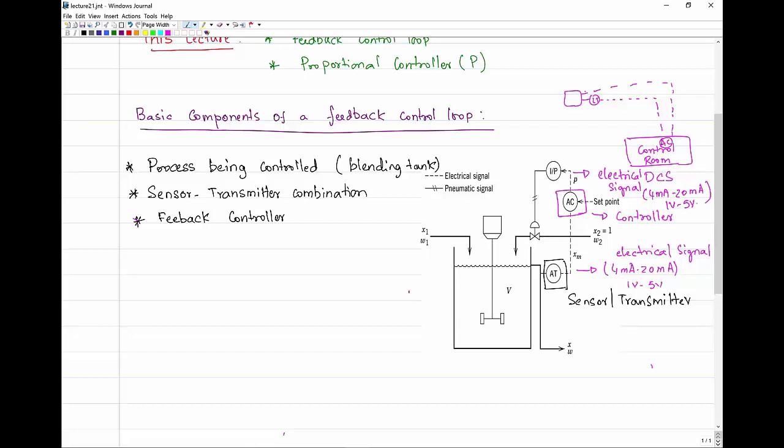The controller resides in a distributed control system, DCS, often in the control room. The controller also receives a set point supplied externally. The output from the controller is an electrical signal, again in the range 4 milliamps to 20 milliamps or 1 volt to 5 volts. And that signal then has to be sent to a control valve.